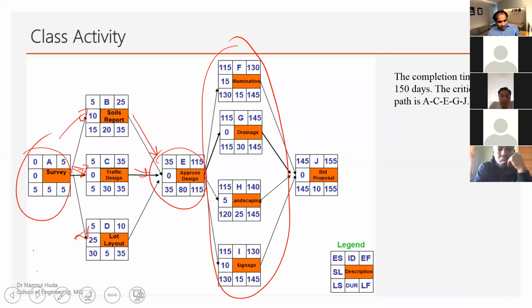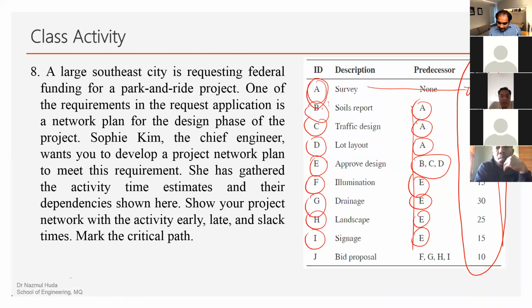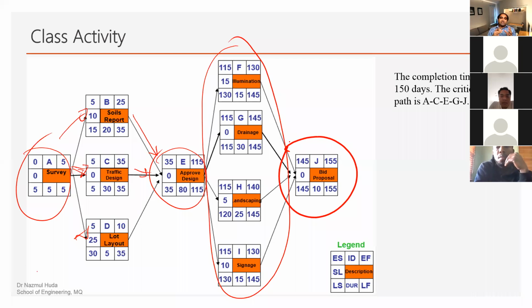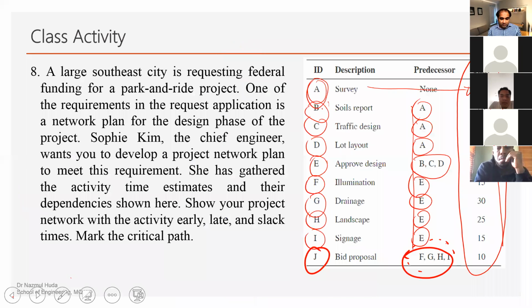Then all of those are again merging into J. So now we have J. This is the first step. As soon as you see a question like this, the first step is to check the activity and predecessor activity, and form the network diagram. Once this is done, the next step is to look at the duration.